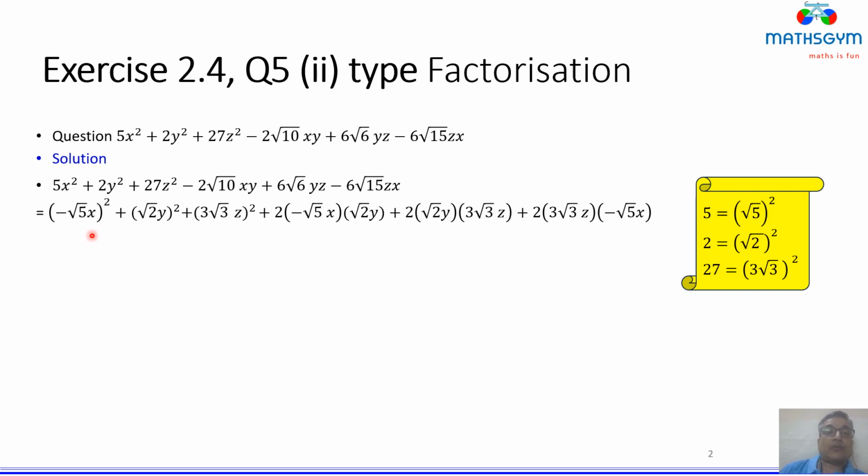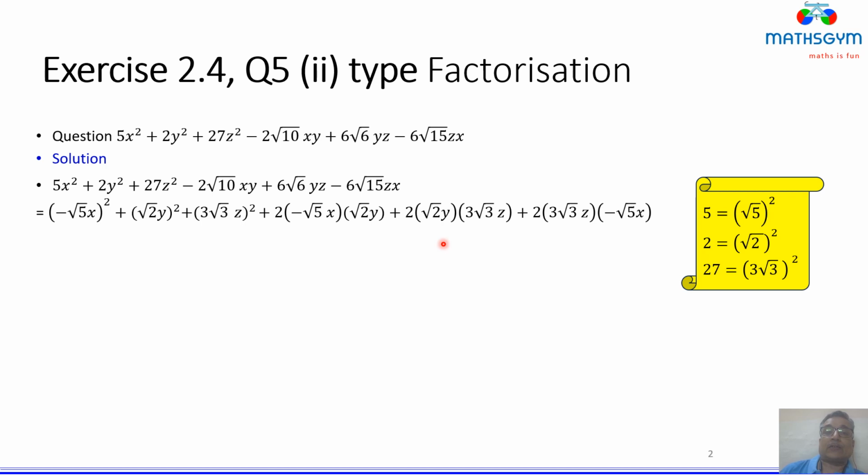So, minus root 5x whole square plus root 2y whole square plus 3 root 3z whole square plus 2ab plus 2bc plus 2ca. To fit this pattern, write your brackets. So this is 2a, where a is minus root 5x and b is root 2y.